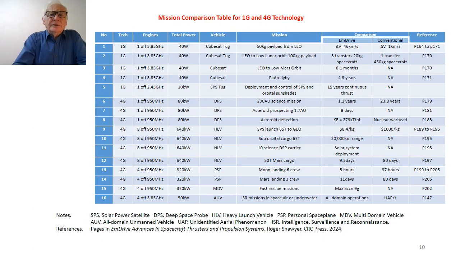This slide shows a table of missions for both first generation and fourth generation technology. And the important thing about the table is that you need to look at the comparison columns where we compare what an EmDrive vehicle would do compared to a conventionally propelled vehicle, if indeed one was available.